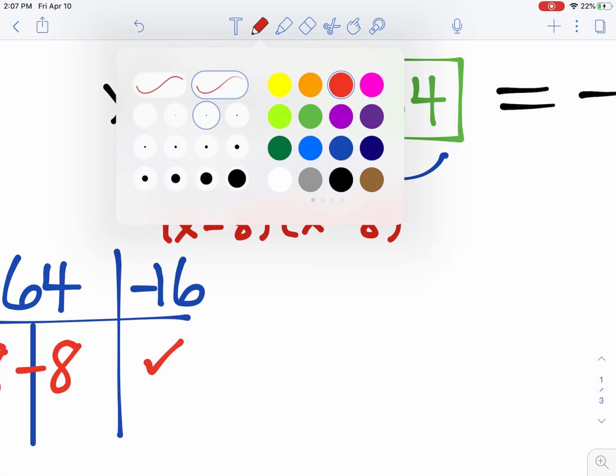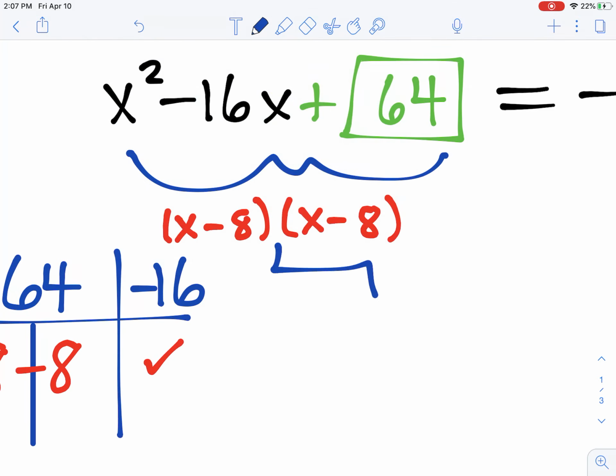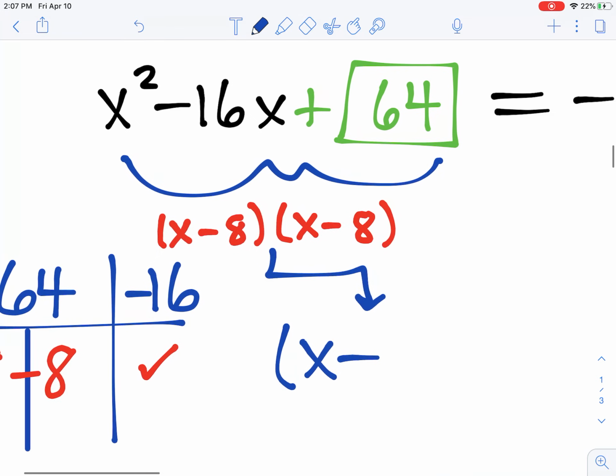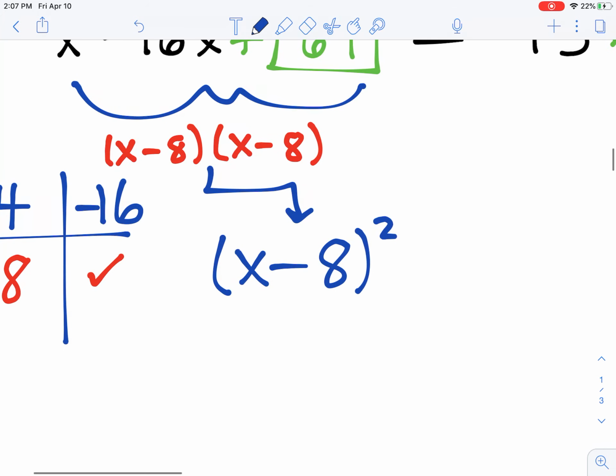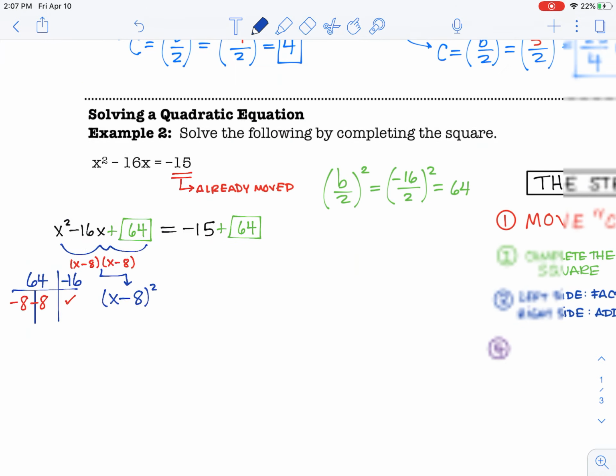However, for the purposes of solving and completing the square as a method, the goal is to rewrite this as x minus 8 quantity squared. Whenever we multiply two things that are the same, we can condense them down with an exponent of 2. So that is the process on the left-hand side.